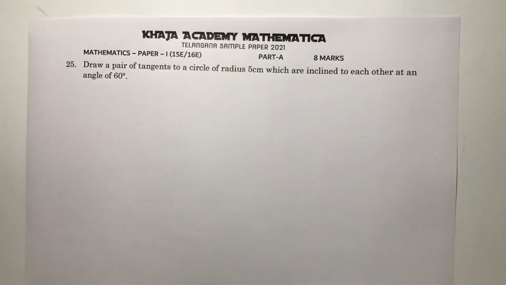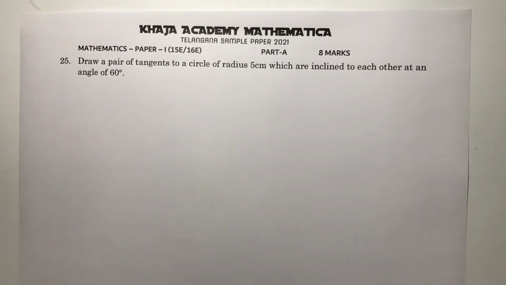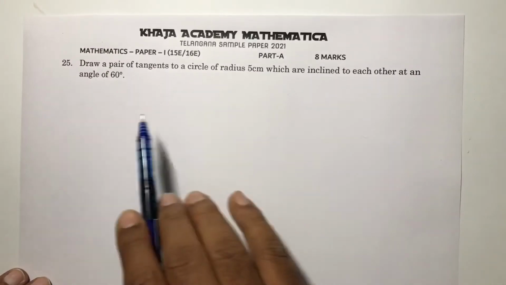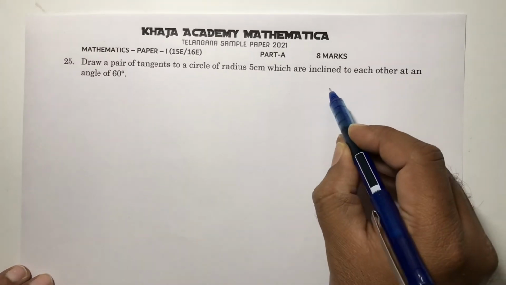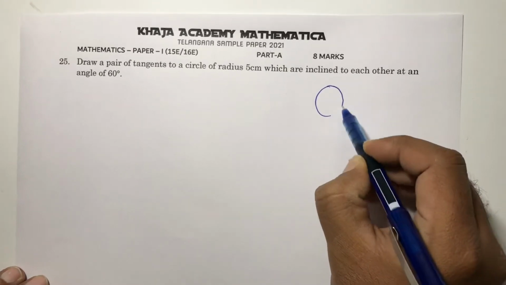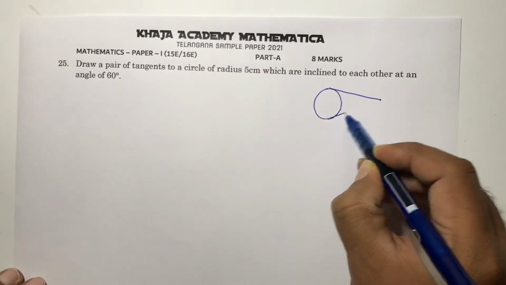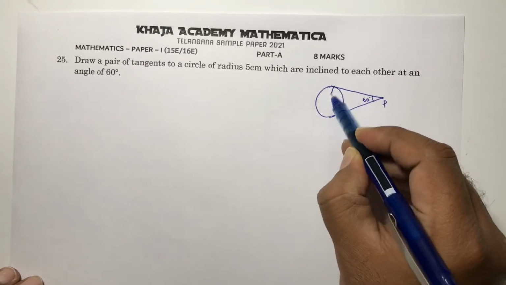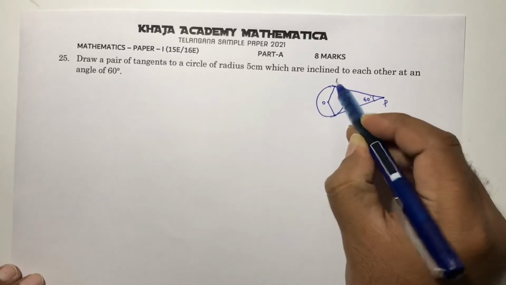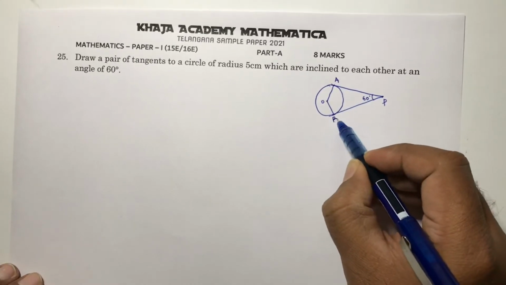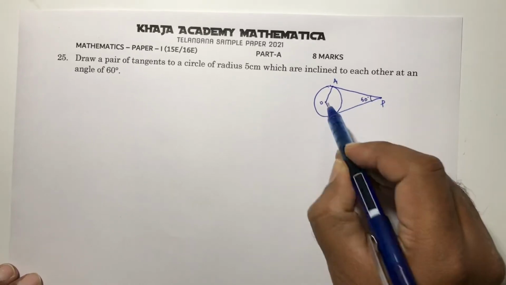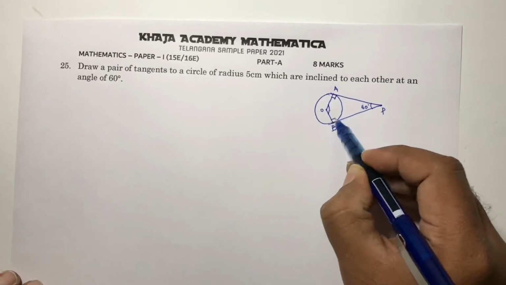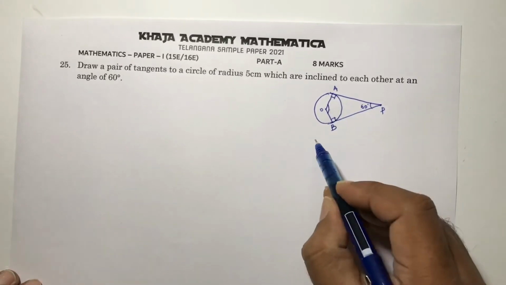Question number 25 for 8 marks. Draw a pair of tangents to a circle of radius 5 centimeters which are inclined to each other at an angle of 60 degrees. Now here, a rough figure: tangents incline each other at an angle of 60 degrees. So here O, A, B. Now the angle between the tangents and radii are supplementary, or you can use 90, 90, or you can use the quadrilateral property.